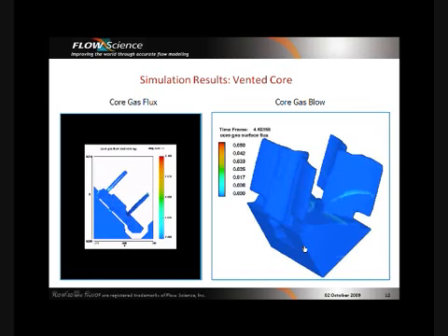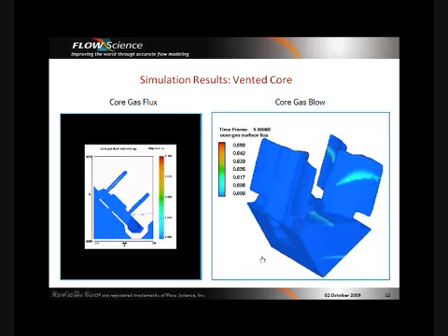This slide here shows the results for the vented core this time. I'll wait until the audience can see the screen as well. Okay, so the slide here again shows the results for the vented core.